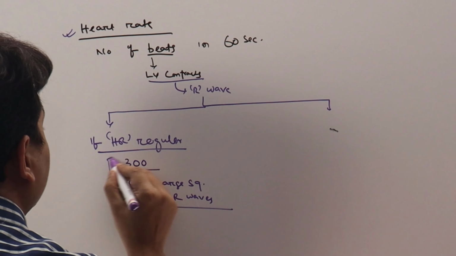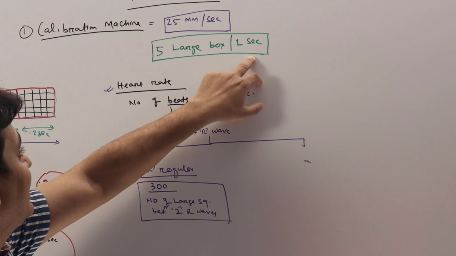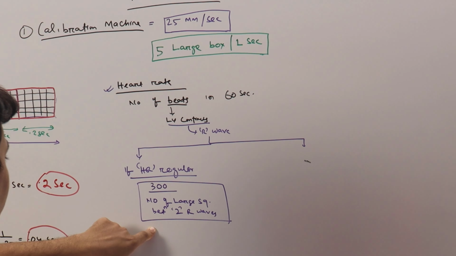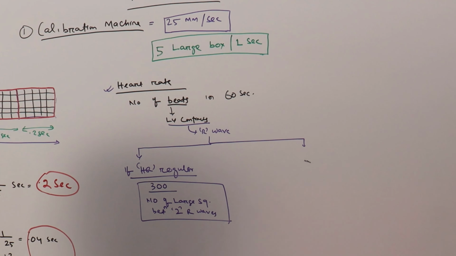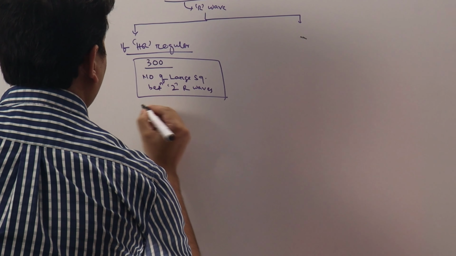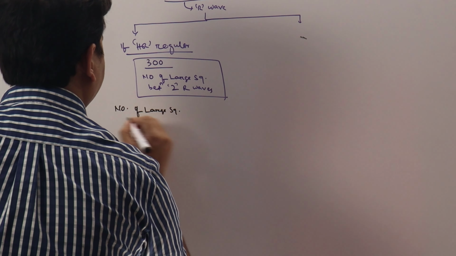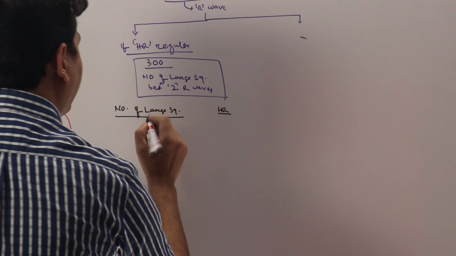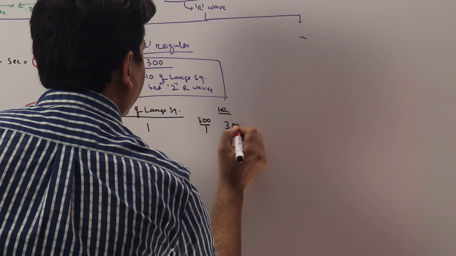From where has this 300 come? You can see it is 5 large boxes per 1 second. So in 60 seconds it will be 5 times 60, that is 300 large squares. So 300 is divided by the number of large squares between two R waves. If the number of large squares between two R waves is 1, then heart rate will be 300 by 1, which is 300.